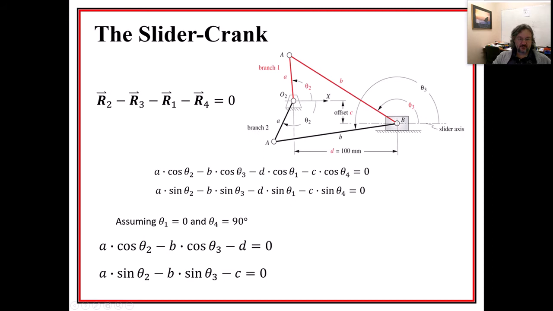We can reduce those two equations into this. The constants, because of that assumption, are the lengths, theta 1 and theta 4. The input is going to be d, and now we need theta 2 and theta 3.